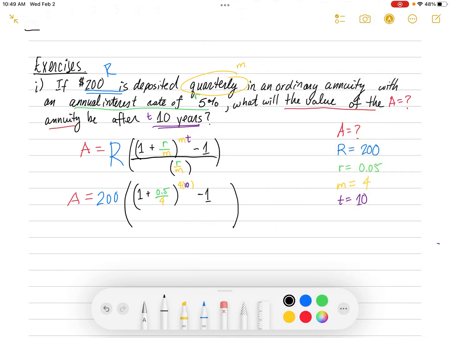After we do that, we'll subtract 1, and then we'll divide that by 0.05 over 4.